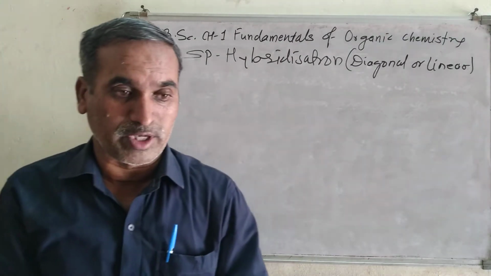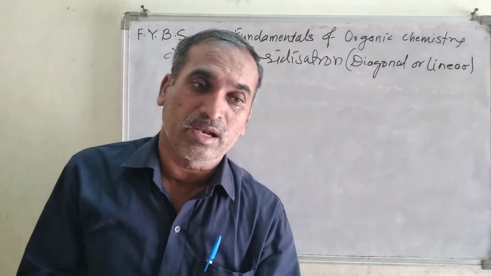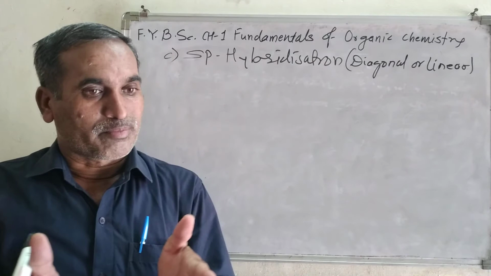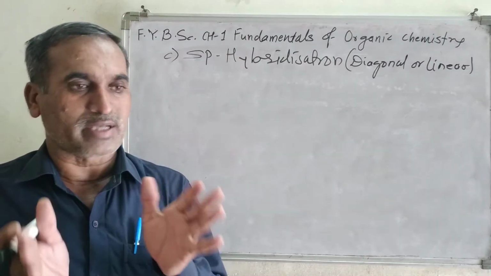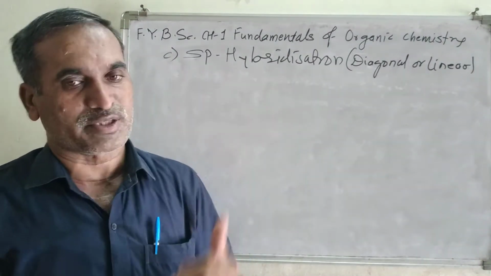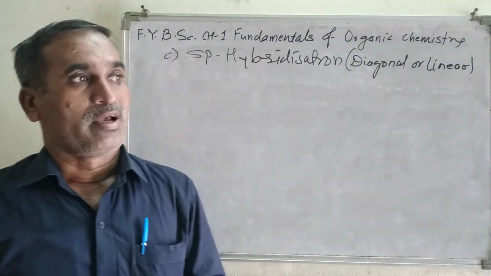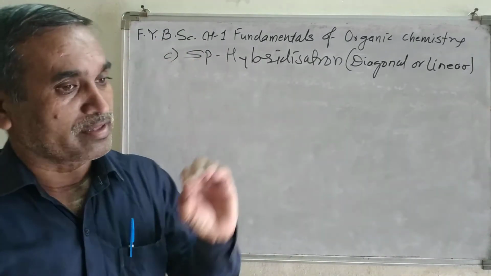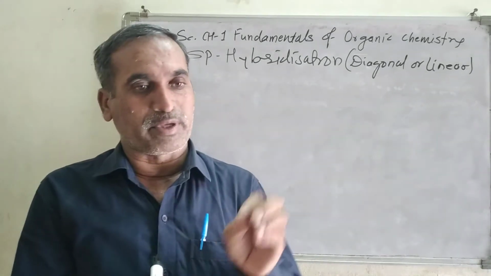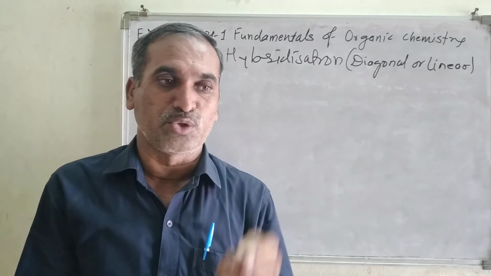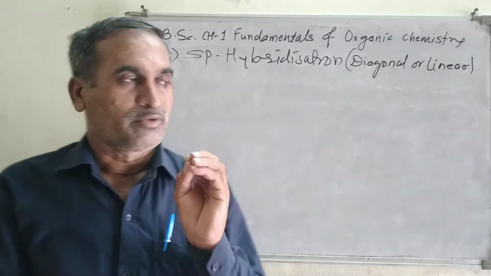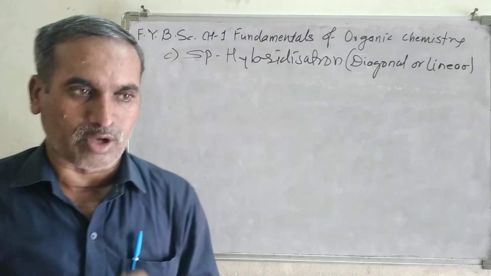One s atomic orbital overlaps with one p orbital and forms a hybridization known as sp. Here there is 50% s character. The s orbital and the p orbital overlap, and we get a new hybrid orbital, which is the sp hybrid orbital.